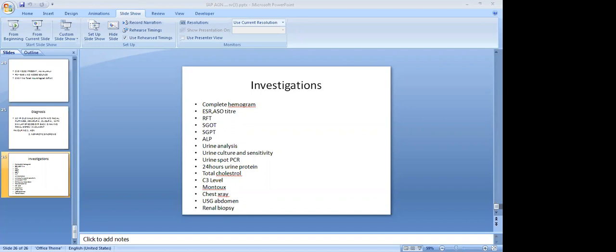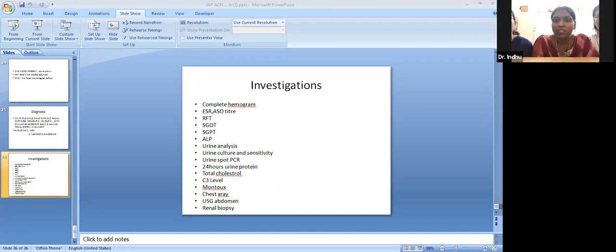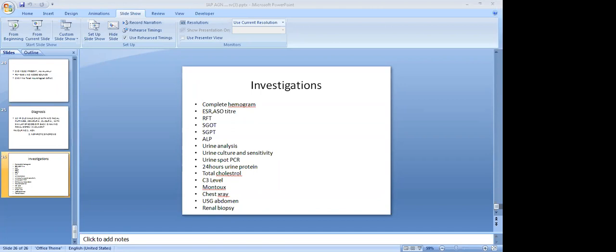Yeah, so hypercalciuria can lead to medullary nephrocalcinosis. How would you define hypercalciuria? Yeah, correct. Anything more than 4 mg, then that is called hypercalciuria.